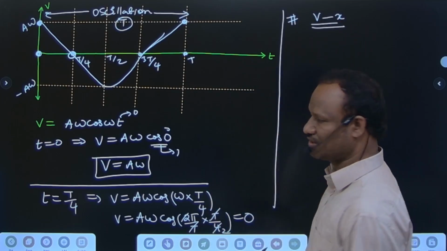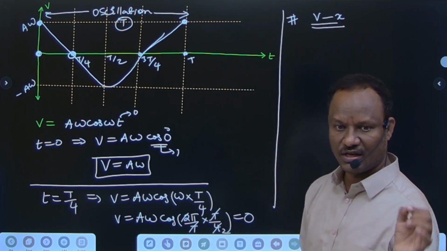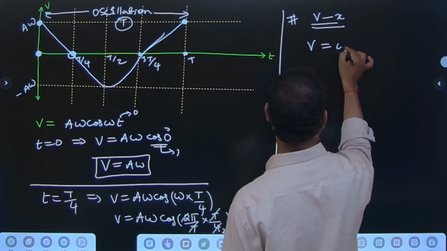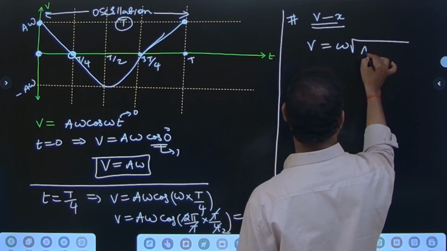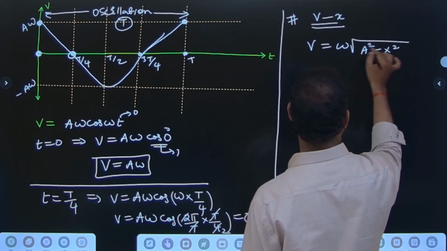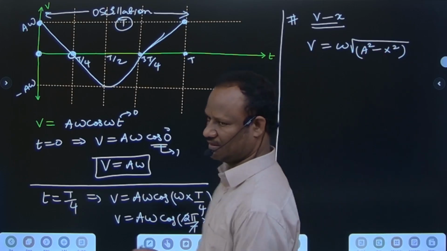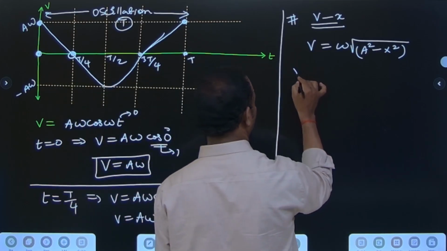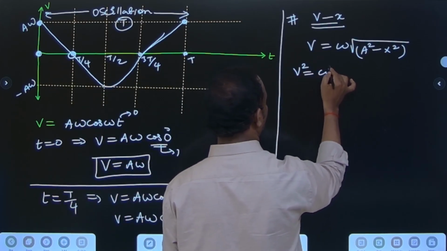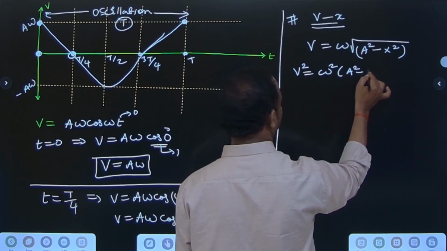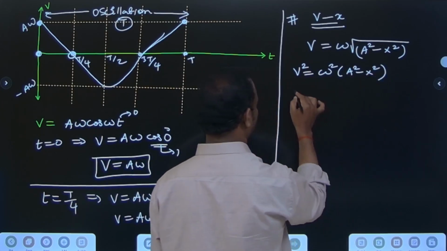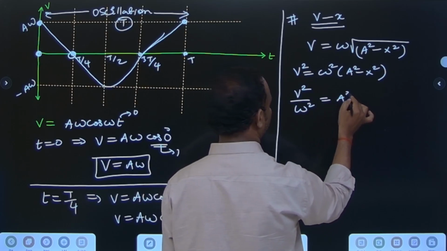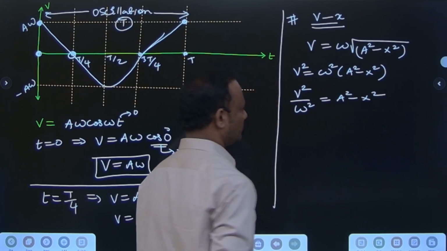First you take the velocity-position relation. V is equal to omega under root of a square minus x square. Carefully, important. Squaring on both sides, V square is equal to omega square times a square minus x square. V square by omega square is equal to a square minus x square.